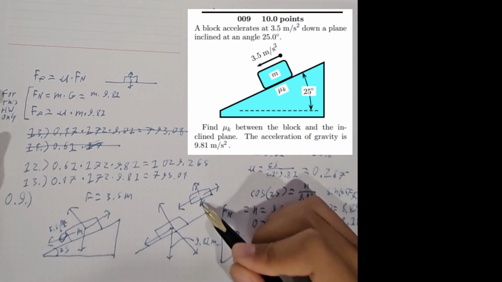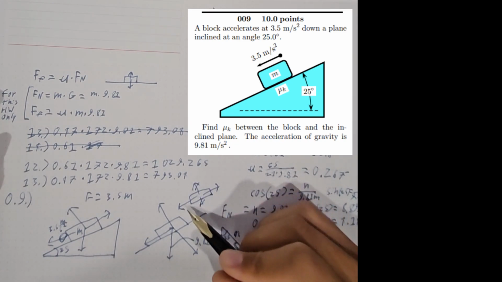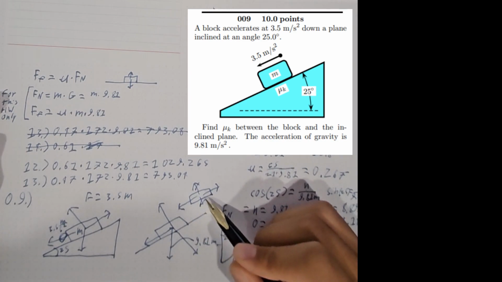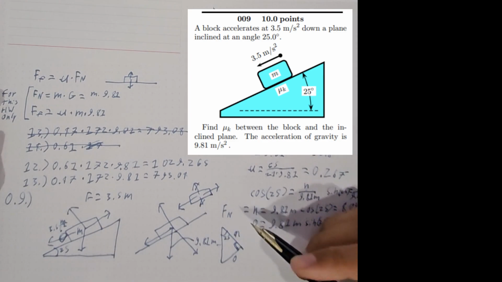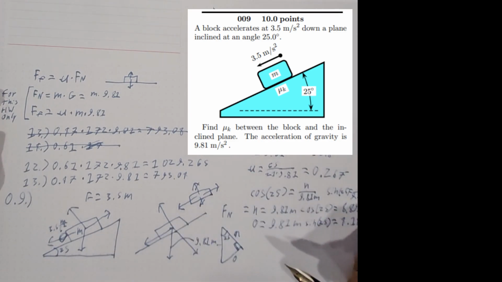So gravity cancels out with the normal force, and gravity also has to work against friction to move the box down at an angle. So we know that the total force is equal to this force that we got here.